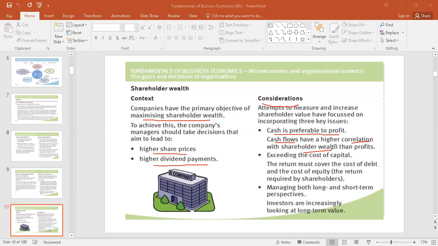Then it says exceeding the cost of capital. The cost of capital is a concept. The cost of capital is the amount of return which the company pays to all its investors. The investors are debt holders and other investors. Debt could be of different types: debentures or bonds can be issued, loans from the banks, financial institutions, multiple ways in which debt can be raised. Then preferred capital is one thing, then common equity capital is another thing.